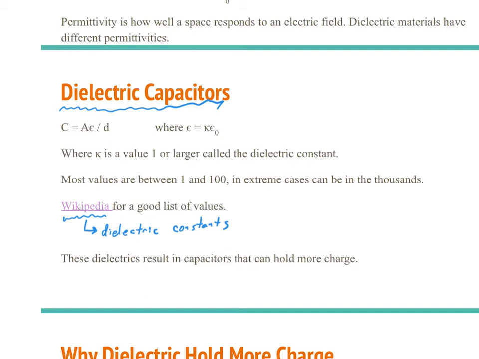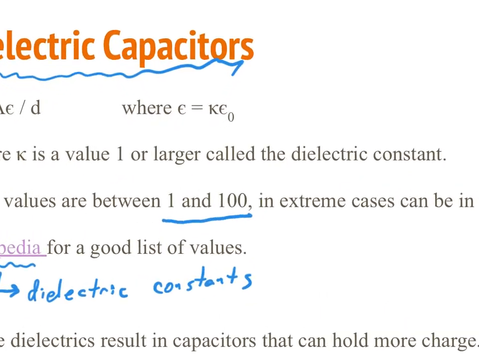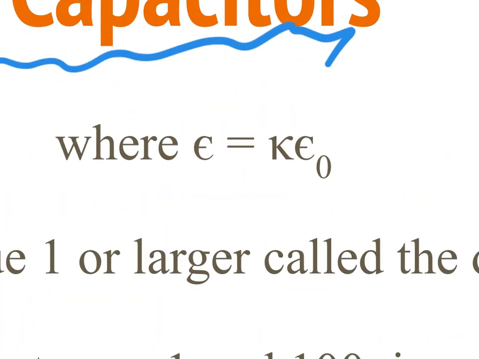And they can be used to make the capacitor hold more charge. Most values are somewhat small, between 1 and 100, but in some cases they have dielectric constants that can be in the thousands.